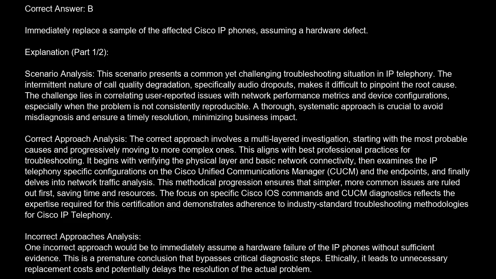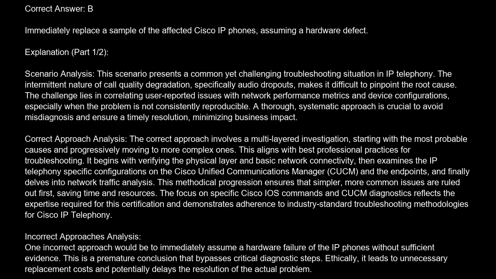Correct approach analysis. The correct approach involves a multi-layered investigation, starting with the most probable causes and progressively moving to more complex ones. This aligns with best professional practices for troubleshooting. It begins with verifying the physical layer and basic network connectivity, then examines the IP telephony-specific configurations on the Cisco Unified Communications Manager, CUCM, and the endpoints, and finally delves into network traffic analysis.